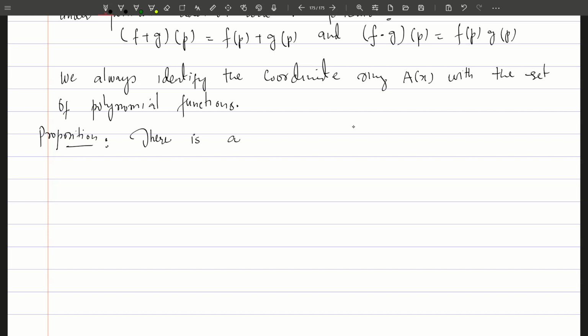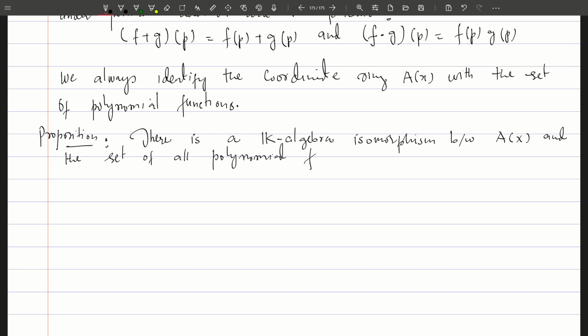So there is a K-algebra isomorphism between A(X) and the set of all polynomial functions on X. Let us prove this.